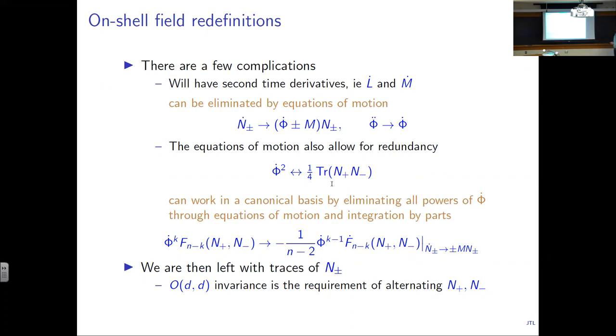So you reduce two derivatives into a product of first derivatives by using the scalar equation of motion. The dilaton equation of motion, phi double dot, reduces to phi dot squared. There's still a typo here, just phi dot squared. So this allows you to reduce two derivatives into one derivative.